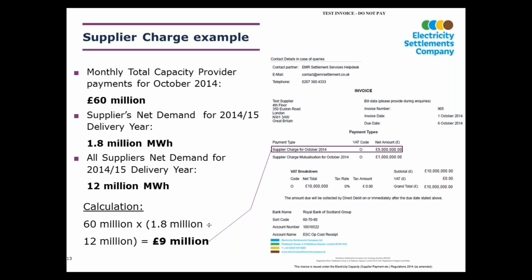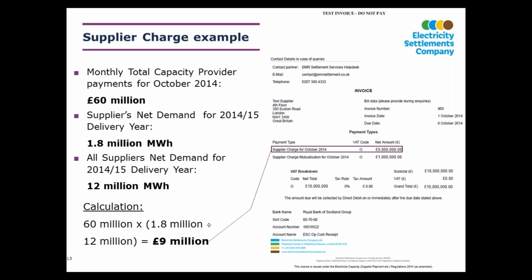So using the calculation we displayed on the slide before, that's 60 million times that supplier's market share. Just a little note, that 60 million was the monthly amount for October. That has already had the weighting factor applied against the annual amount.